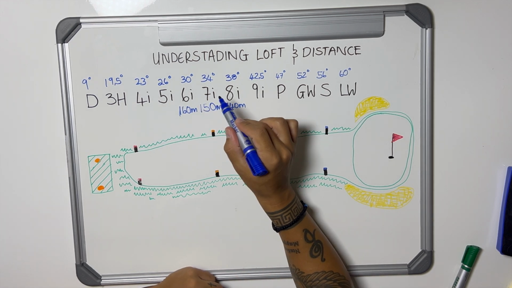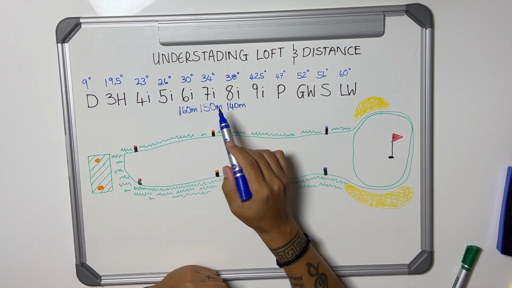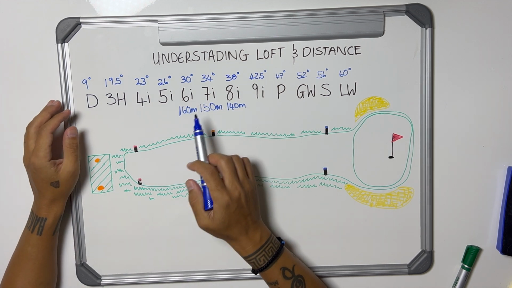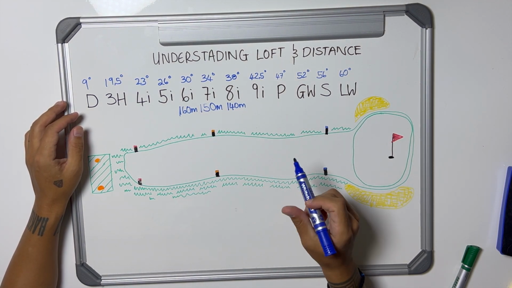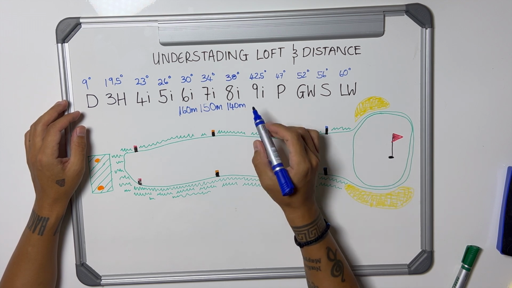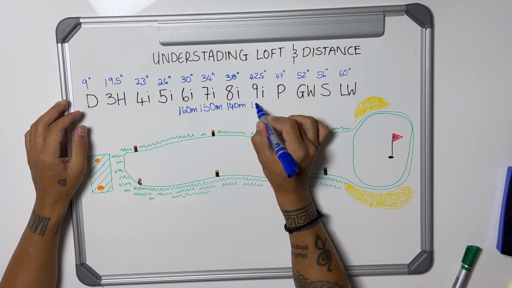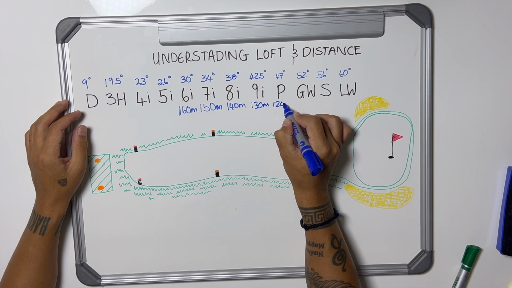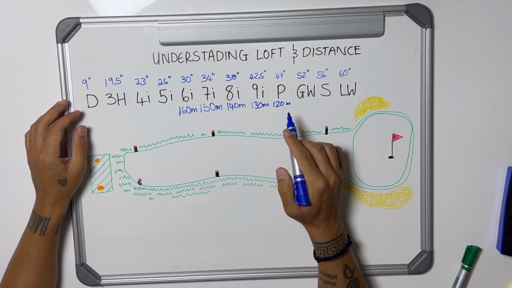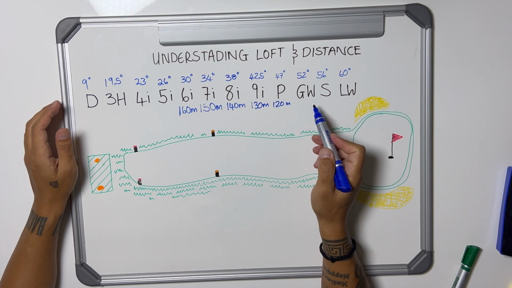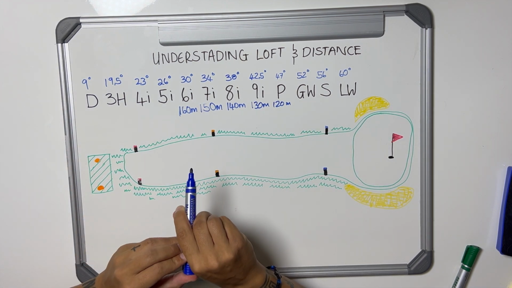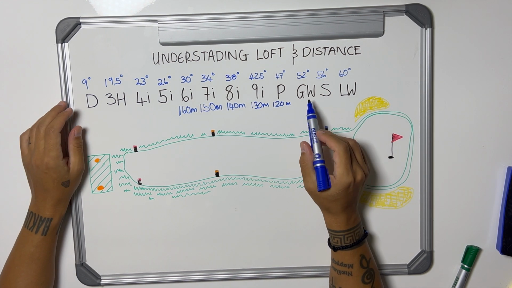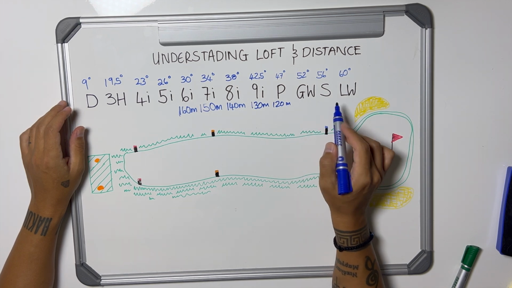Now, because I know what I hit my 7-iron, I can more or less tell what I'm going to hit with all my other clubs. If we go through it quickly, I hit my 9-iron 130 meters, pitching wedge 120 meters. The gap wedge is like a lob wedge, but it's called a gap wedge because it's between the pitching wedge and the sand wedge.